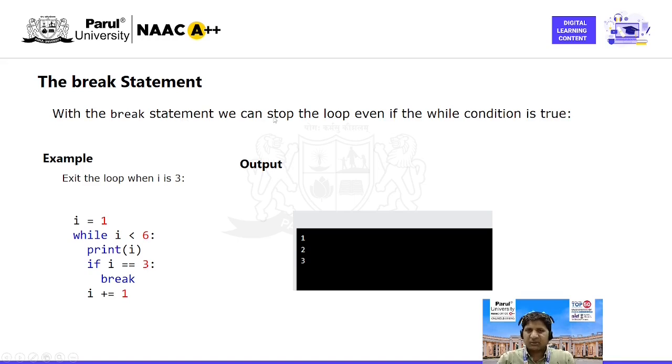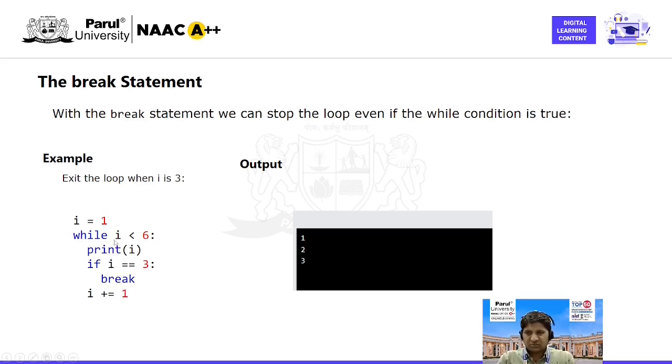With the break statement, we can stop the loop even if the while condition is true. Suppose the while condition is true when I is 3, but even though the while condition is true, you want to stop the loop. Then you have to use the break statement.